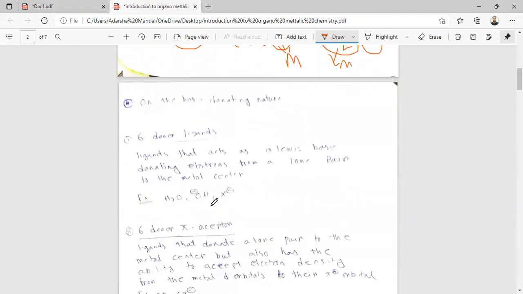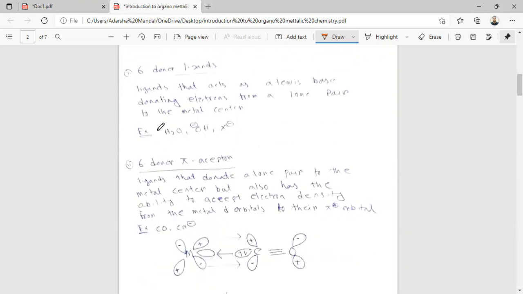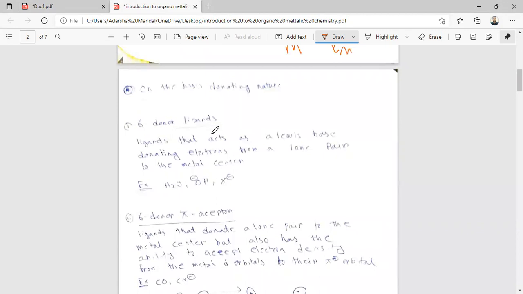Next I will classify the ligands on their donating nature. There are mainly 3 types of ligand on their donating nature. The first one is the sigma donor ligand. Sigma donor ligands are ligands that act as a Lewis base, donating electrons from a lone pair to the metal center.